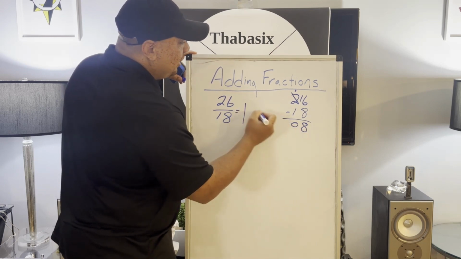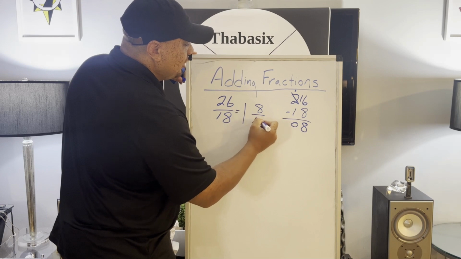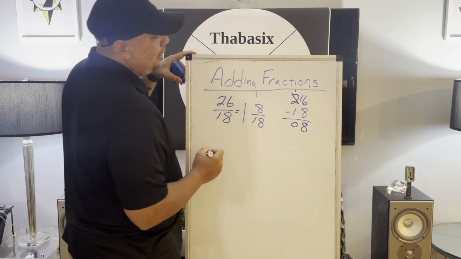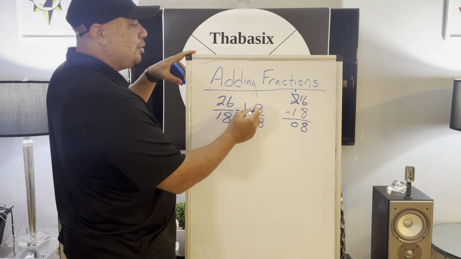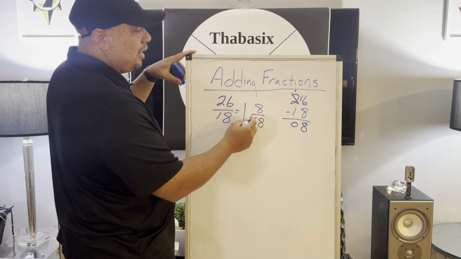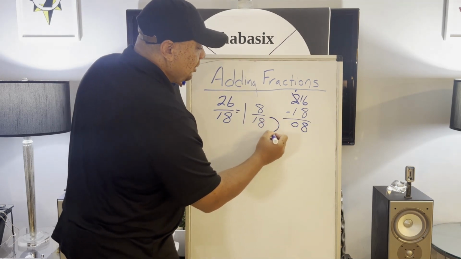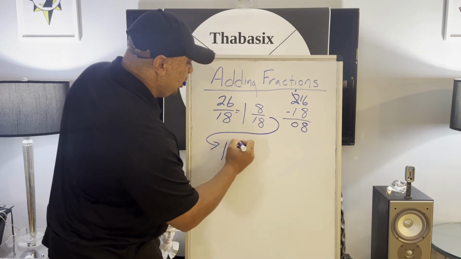And then we have 8 left over, 8 over 18. And we still can reduce. 2 goes into 8 4 times, and 2 goes into 18 9 times. So this answer, final answer, would equal 1 4/9.